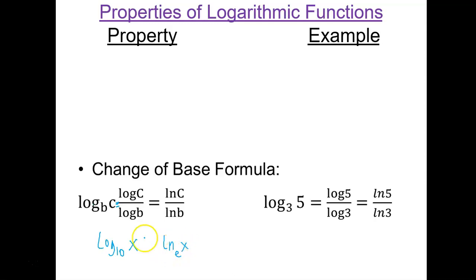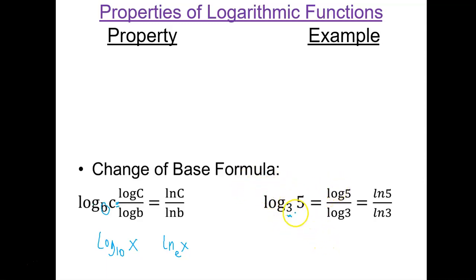So if your base number here, b, is different than 10 or e, you can still enter it in your calculator. For example, if you have log base 3 of 5, my base here, 3, is not 10 and it's not e, but I can still use my calculator to calculate this. I just have to use this change of base formula.